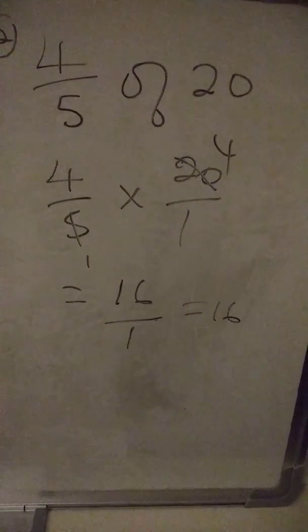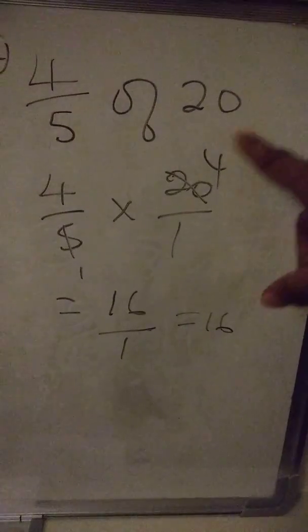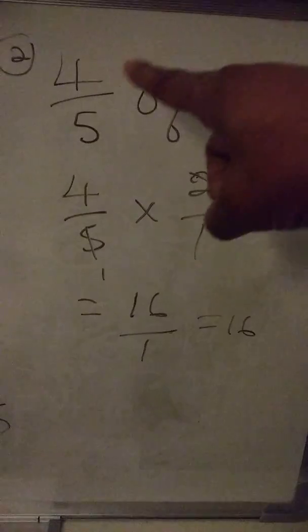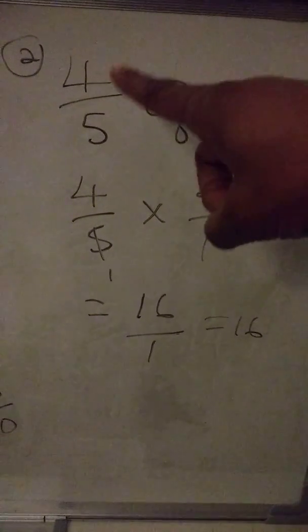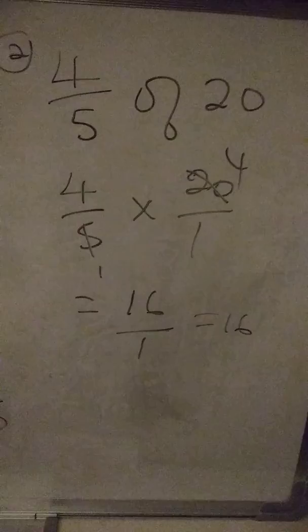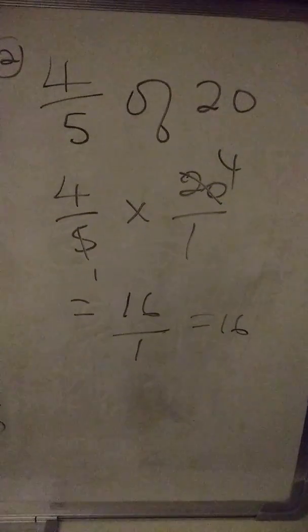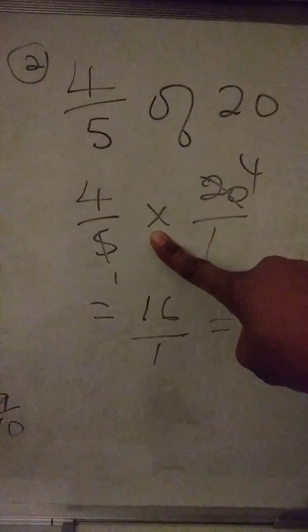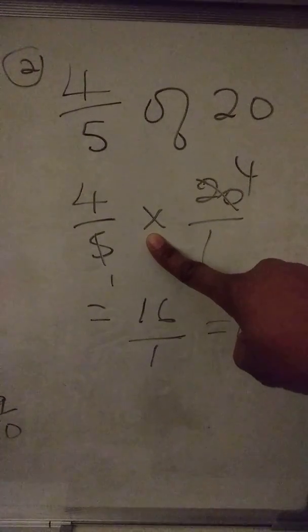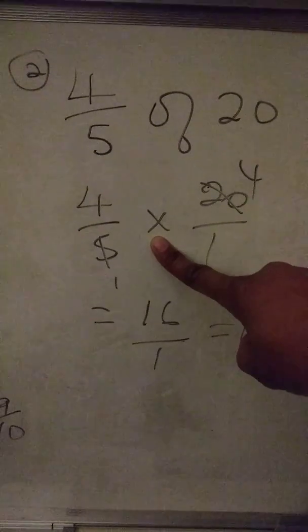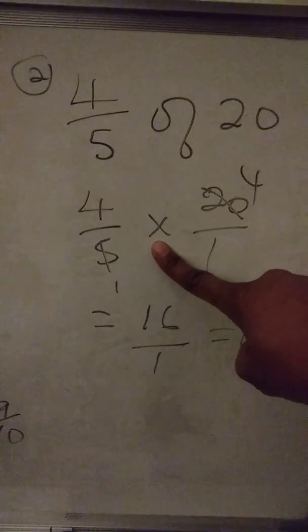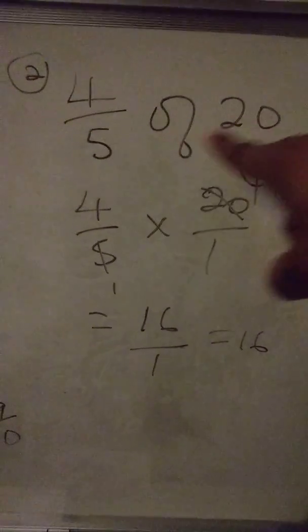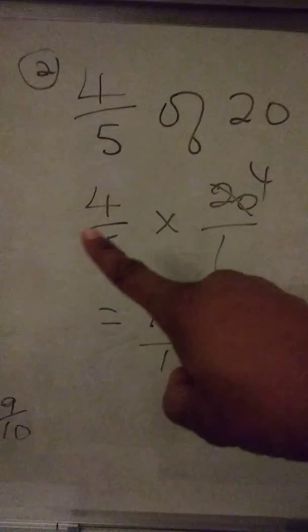Whatever the "of" is in 4/5 of 20, it simply means that you will be multiplying. So you remove the "of" and replace it with a multiplication sign. There are times they introduce words. So if you see a question like this, 4/5 of 20, it means 4/5 times 20.